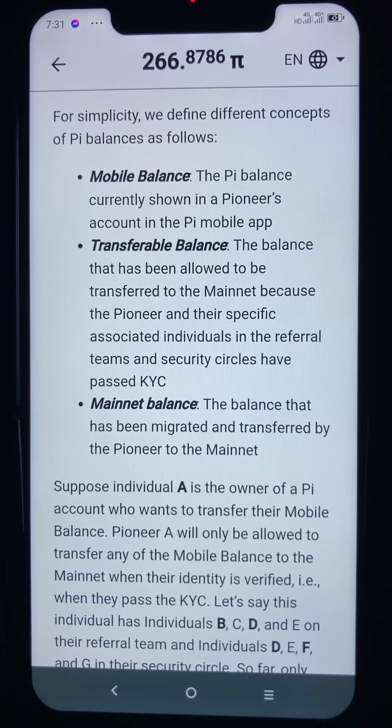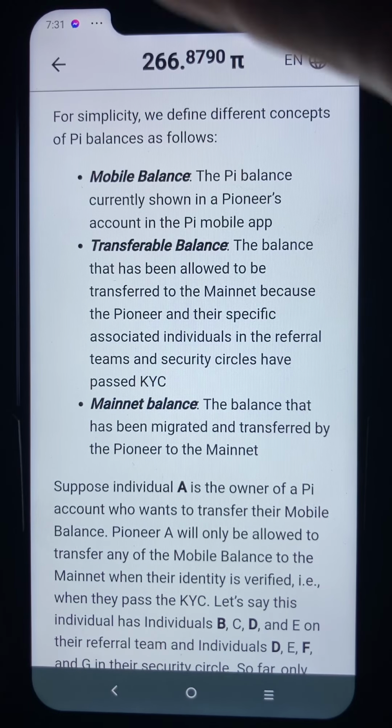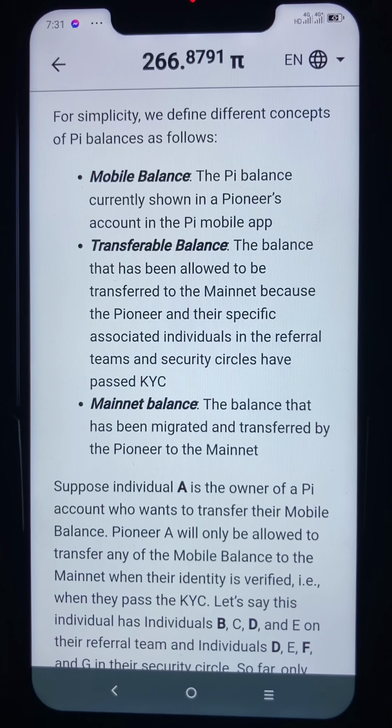Okay. So yan yon. So that only means na yung 266.8788 hindi makukuha agad basta-basta unless lahat kayo dito ay KYC na.